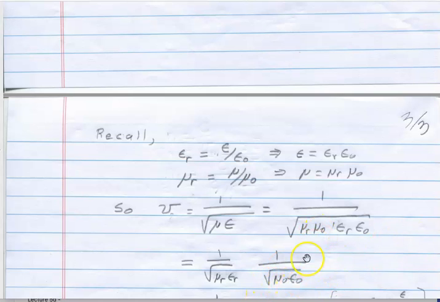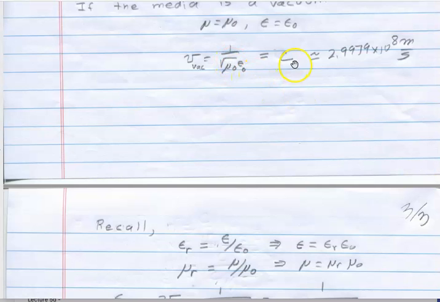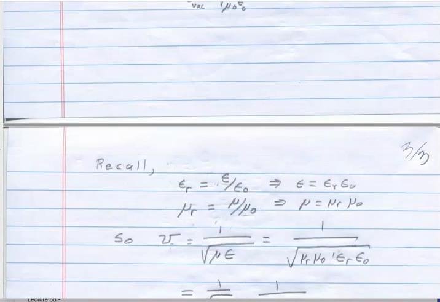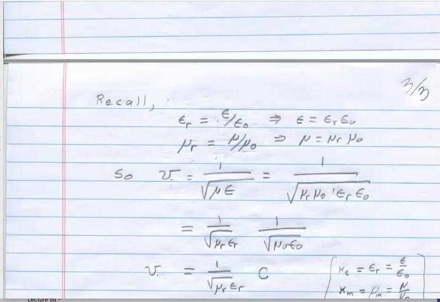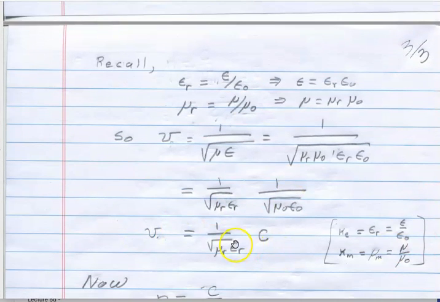But remember that 1 over the square root of mu naught epsilon naught is just the speed of light, so I can replace that. The wave velocity in a medium characterized by a relative permeability of mu r and a relative permittivity of epsilon r is just the speed of light divided by the square root of that factor.